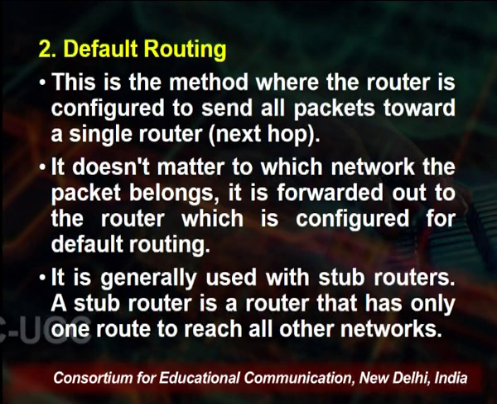So, if there is only one route to reach all the networks, the network administrator need not enter that route manually, and even the upcoming dynamic routing is not required here, because there is only one route. These types of routers, which have only one route to reach all other networks, are known as stub routers, and this type of default routing is used with these stub routers.